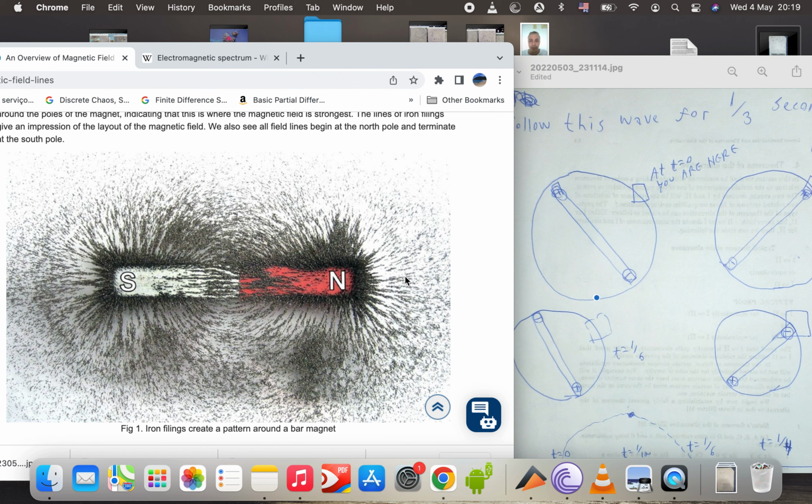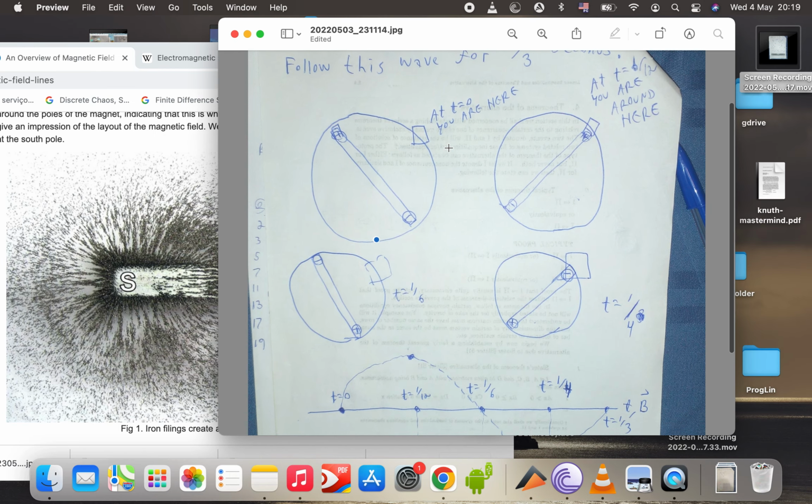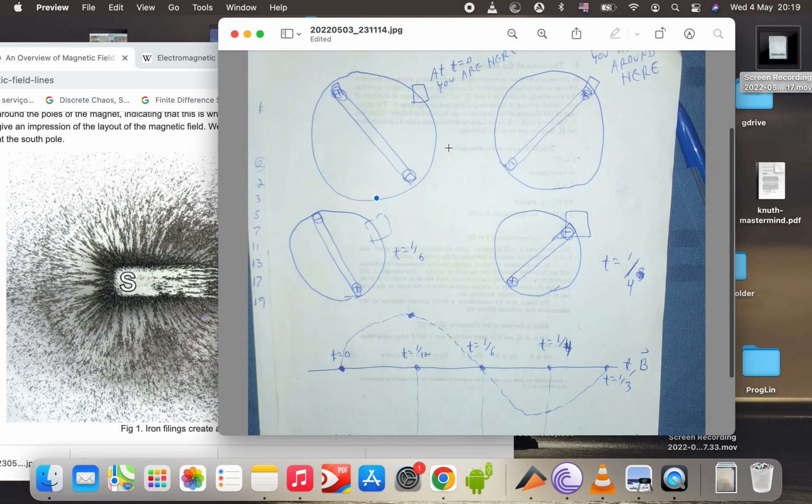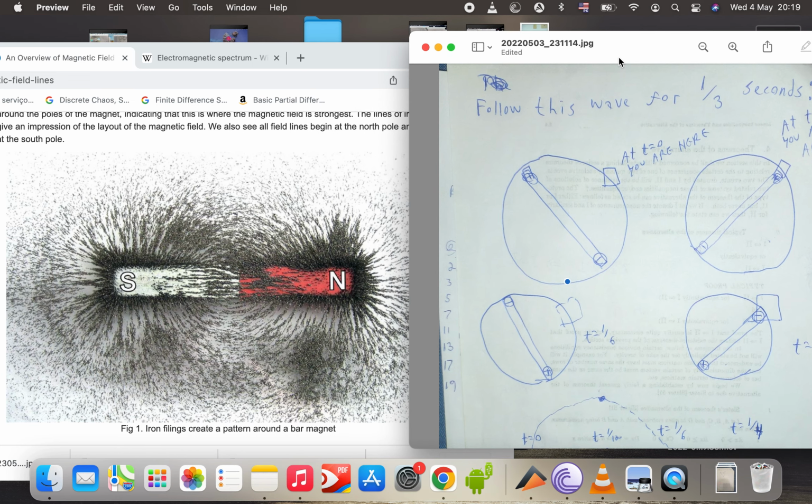Well, we're going from, see, this doesn't really pass. This is a very nice representation, but it doesn't really help us as far as imagining everything that's going on here.